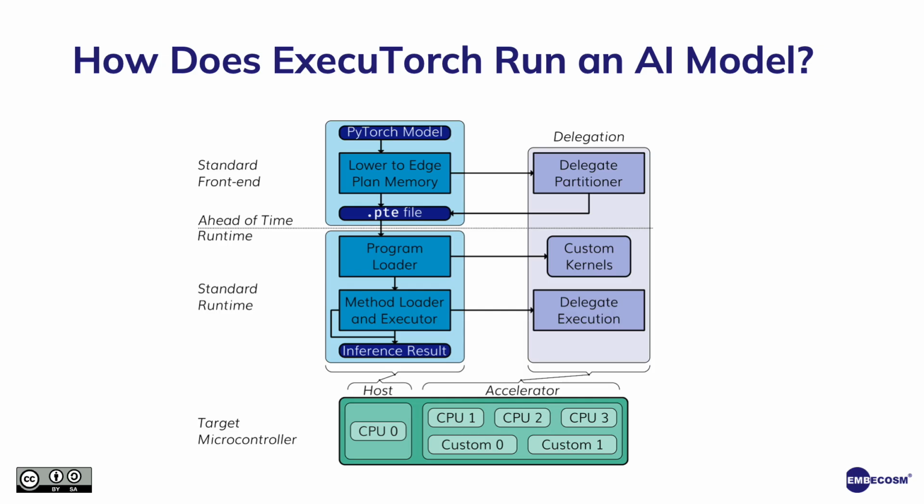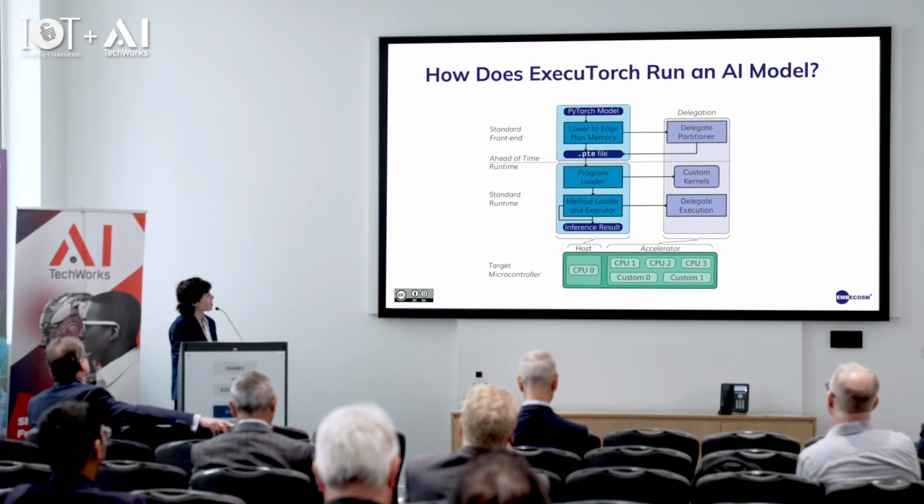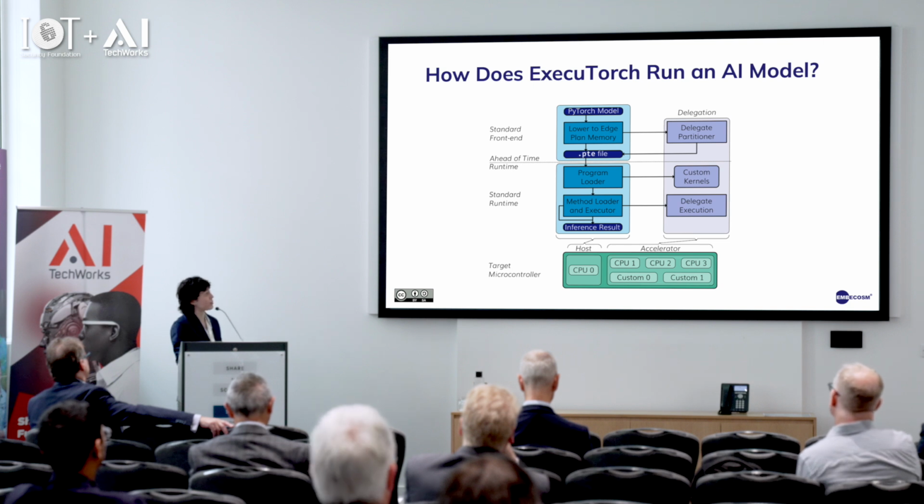ExeTorch specifically runs the models like this. It's a very high-level picture, but it does explain it quite well. Basically, we have two phases: the ahead of time and the runtime phase. In the ahead of time phase, we run on the development machine, not on the embedded device.